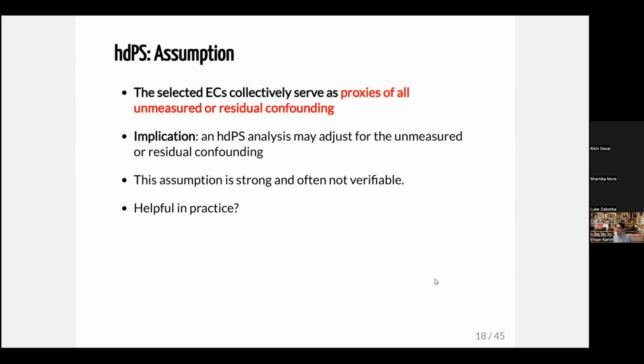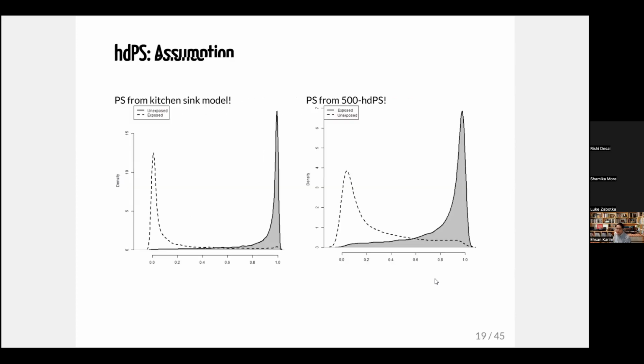Obviously, this is a strong assumption and not necessarily verifiable in the observational data setting. But whether this assumption is helpful or not is something that we wanted to investigate as well. Remember, when we used our kitchen sink model, including the 2,400 covariates, there was almost no overlap. But with only 500 empirical covariates, there is some overlap, and we can properly do a propensity score analysis.